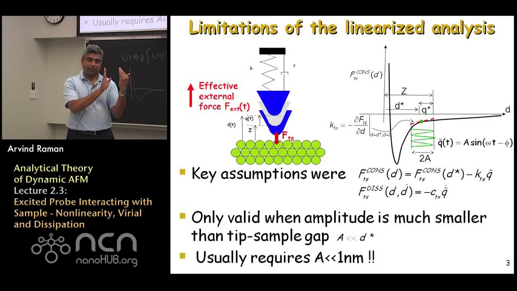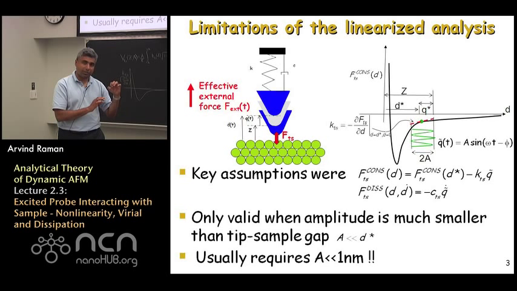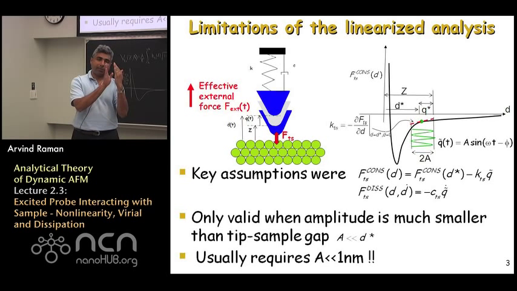The width of that oscillation is about 2A: A towards the sample, A away from the sample from the equilibrium distance D star. That's the band in which one is oscillating. For this approximation to be valid, it's very clear that the oscillation amplitude needs to be small enough that the interaction force can be represented by a straight line.